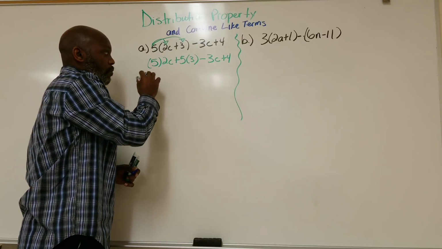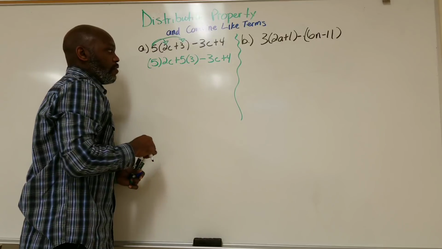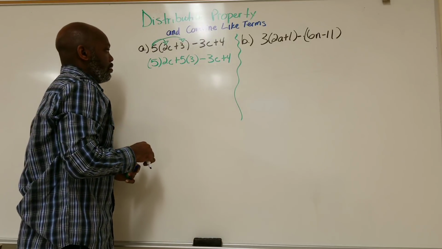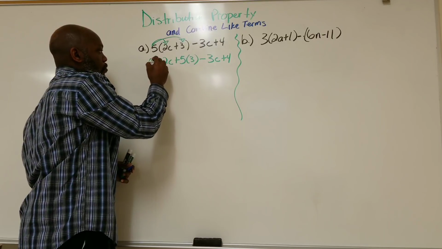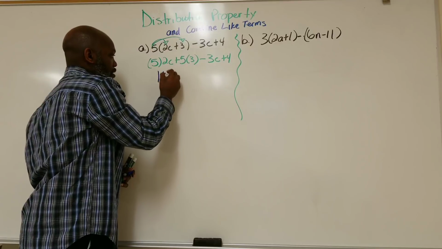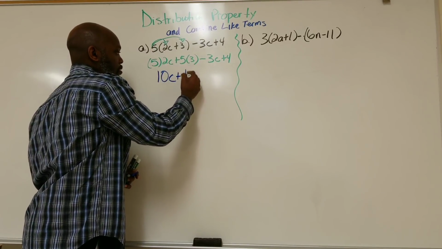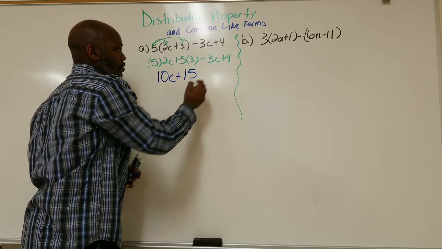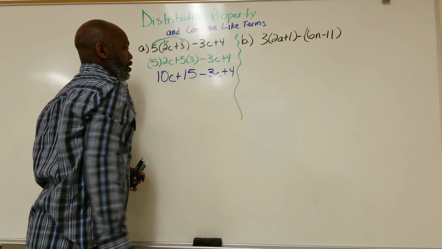It says to solve parentheses first, but there's not a problem to solve in the parentheses. So what we're going to do is multiply 5 times 2c. That gives us 10c. And then plus 5 times 3, which is 15. And then bring the rest of the problem down.